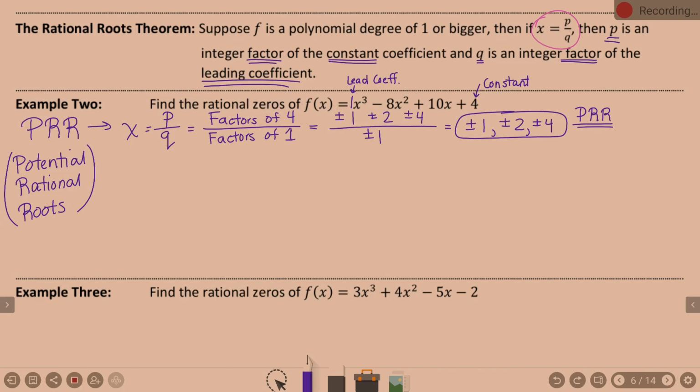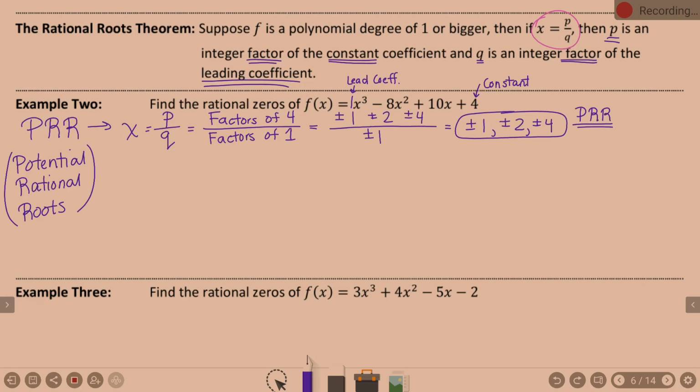Okay? Now, are all 6 of these actually going to work as roots? When I'm talking rational roots, I'm talking solutions, I'm talking zeros. Can all 6 of these work? No, because at most, how many can there be?